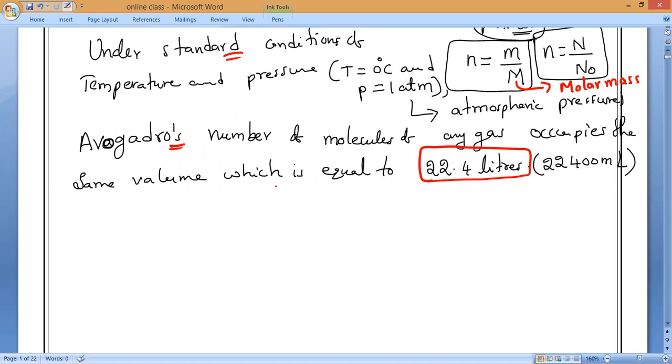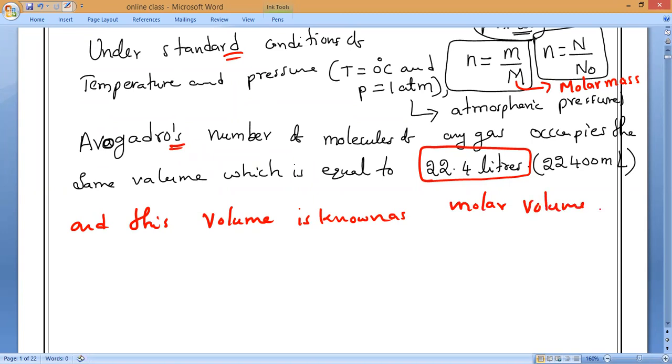Now this one, what are we saying? Molar. This is volume. So this volume is known as molar volume, or gram molecular volume.